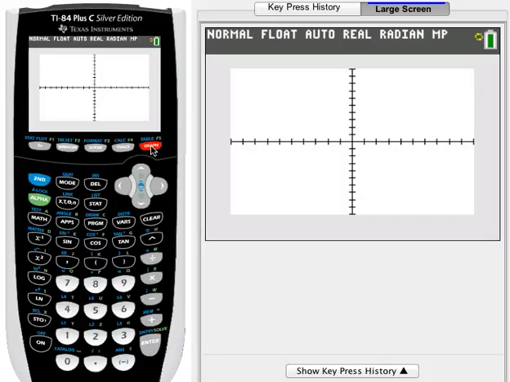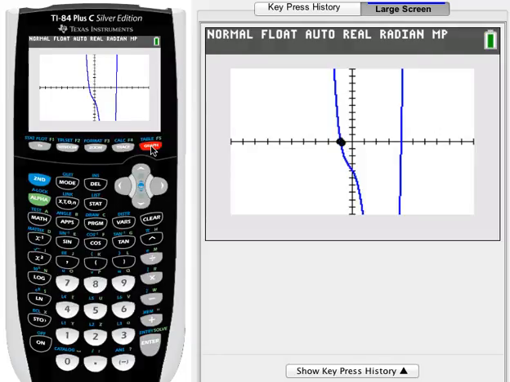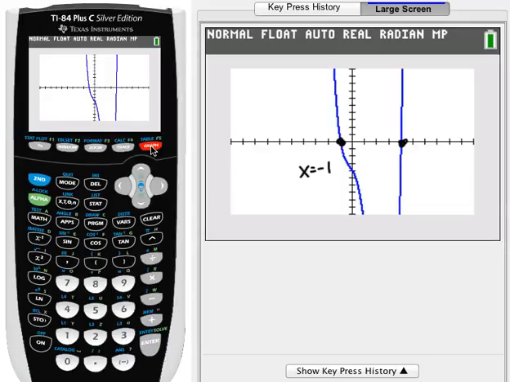So I type it in and I look at my solutions. Now this time, something that you'll notice is I have 2 nice solutions. I have a nice solution at -1 and I have a nice solution at 4.